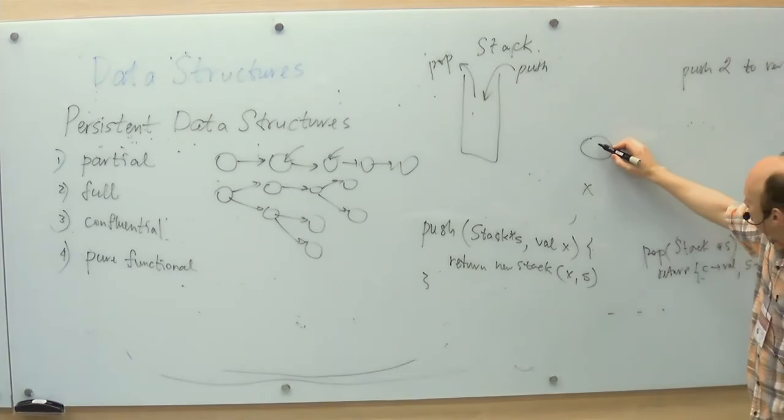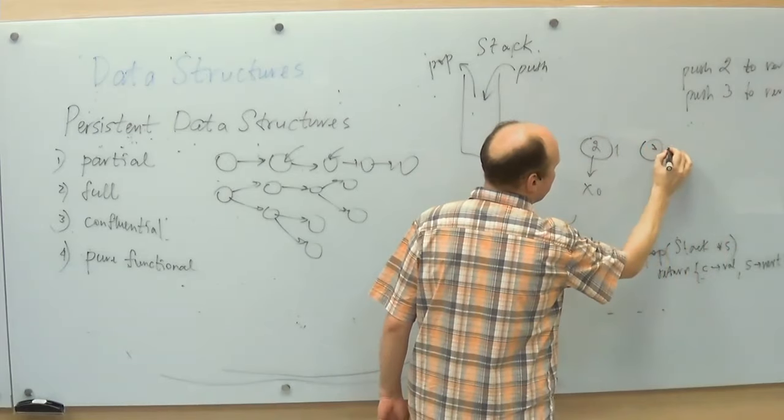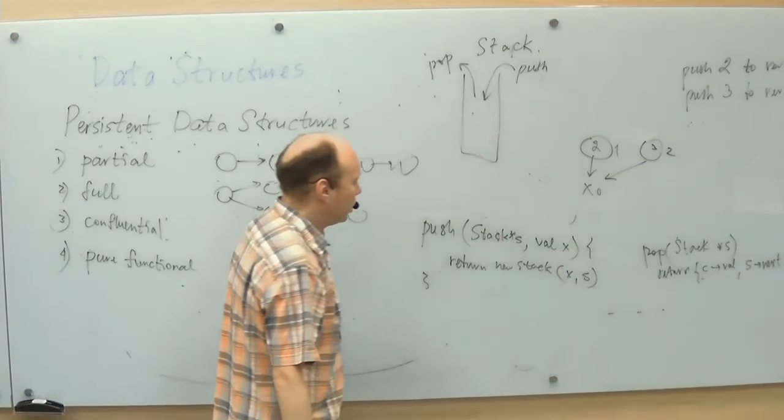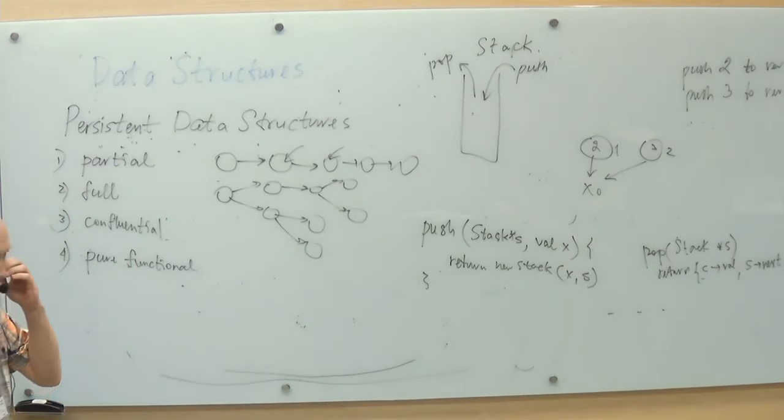Then we have a 2 that has next as nothing, and that's revision 1. Now we push 3 to revision 0. Then we have a new vertex 3 with a next link to this empty stack.